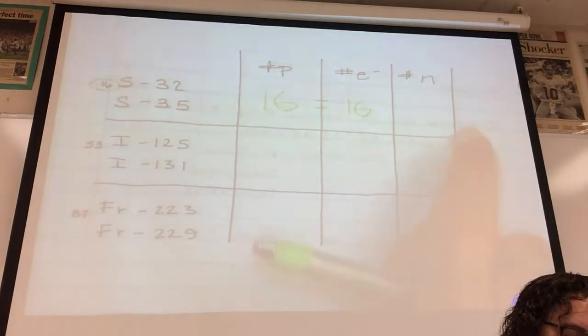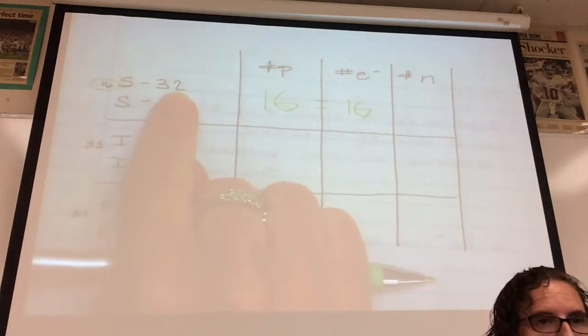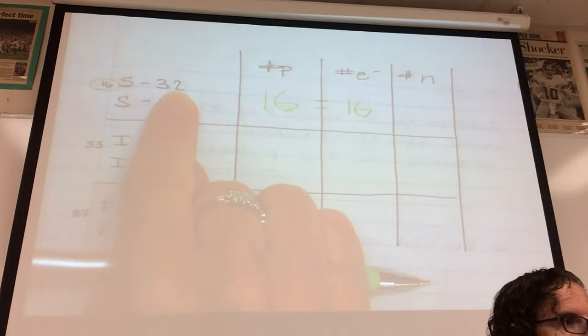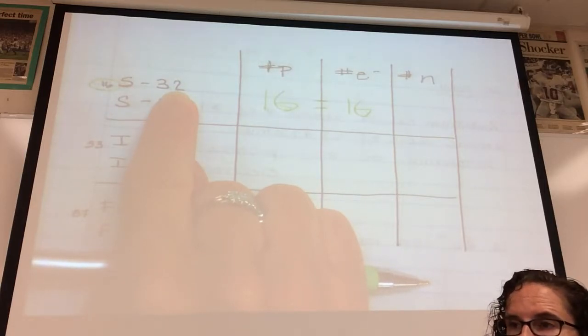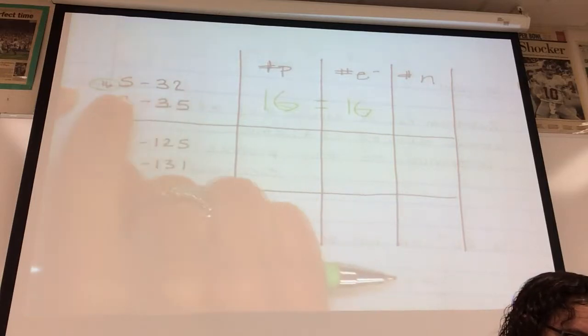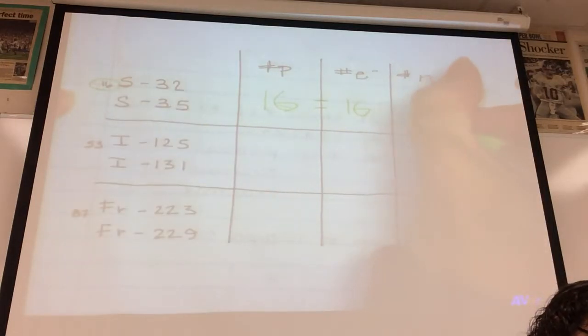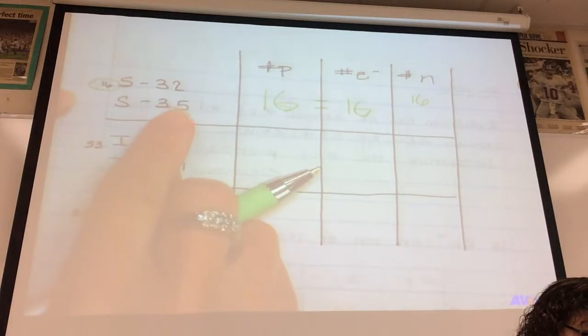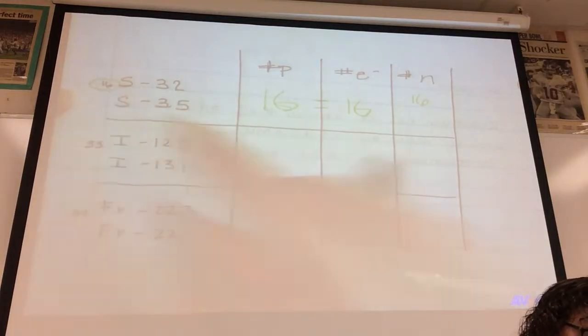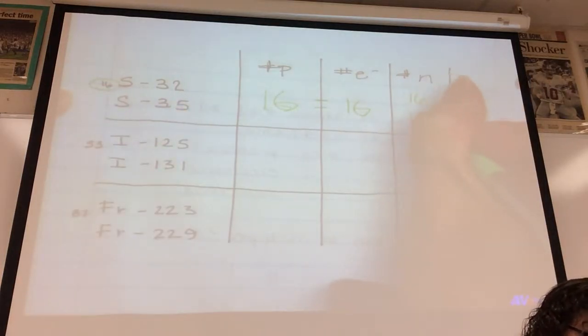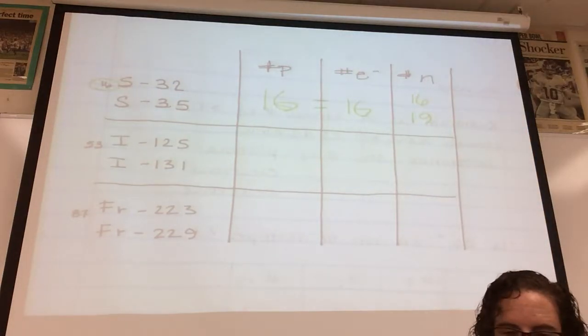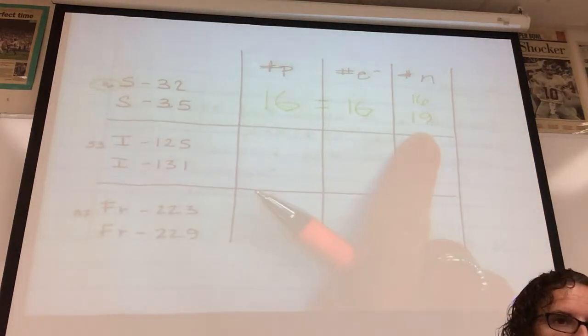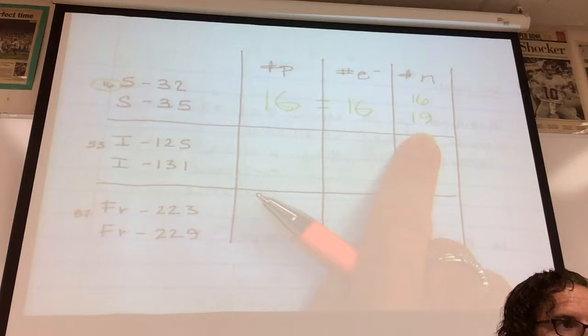Now, how are we going to do neutrons for S-32? Subtract 16 from 32. You got it. And then this one we would do 35 minus 16, which is 19. Does that make sense? You're good?